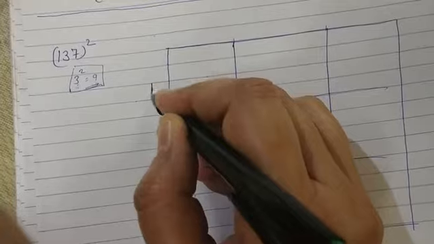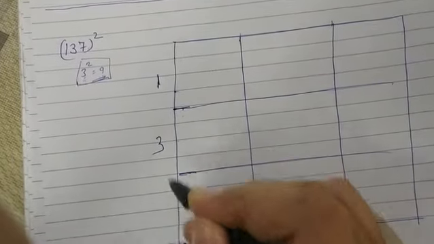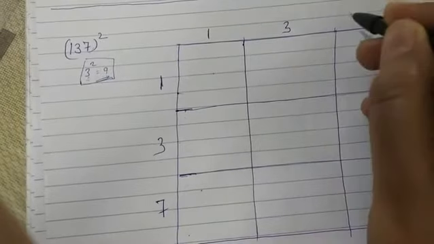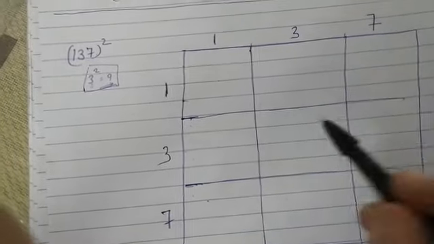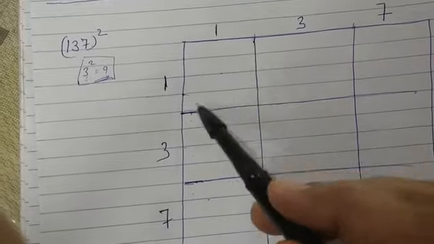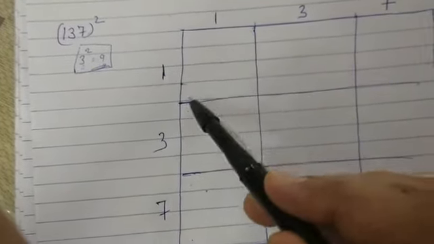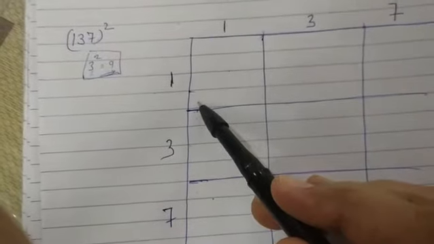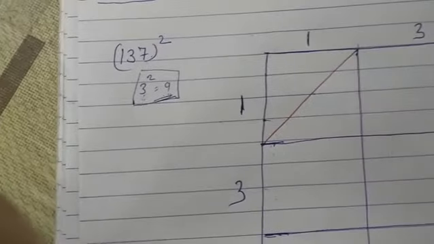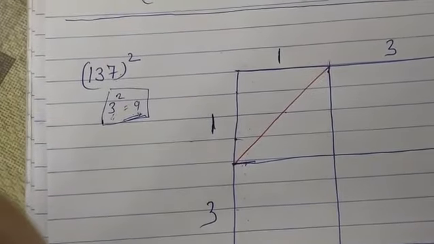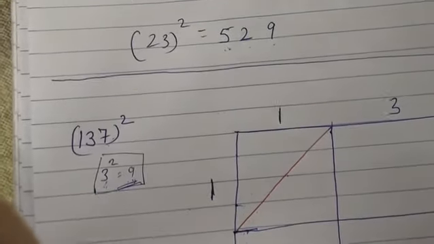Now we will write down the digits horizontally and vertically: 1 3 7, 1 3 7. Now we'll divide each block, each square, into 2 parts diagonally. That's why it is known as the diagonal method. So we have divided this. Now second, we will divide like this.